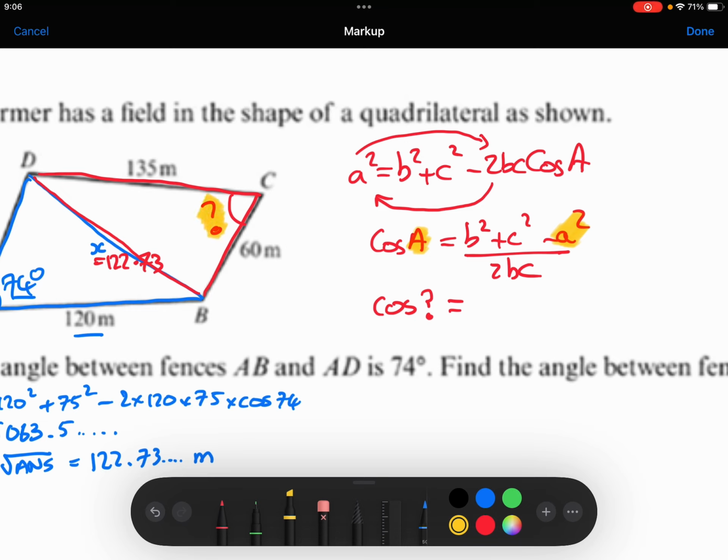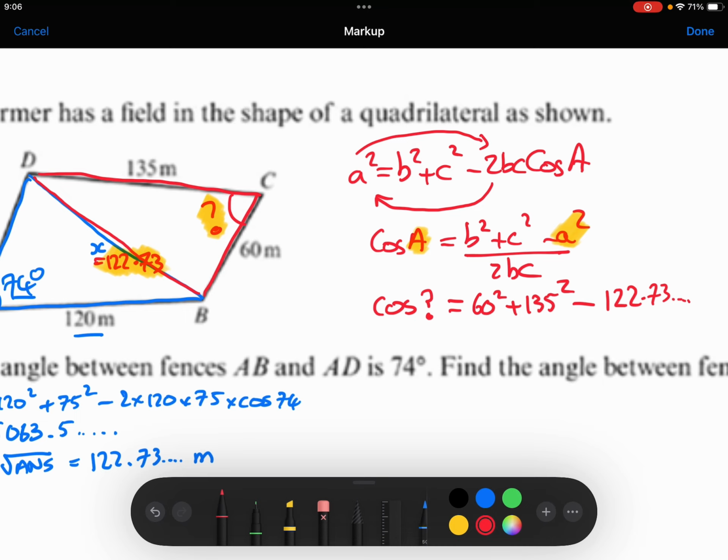So I'm working out this angle here, so the 122.73 has to be the A. The B and the C don't matter. So I'm going to say that B is 60, and C is 135.